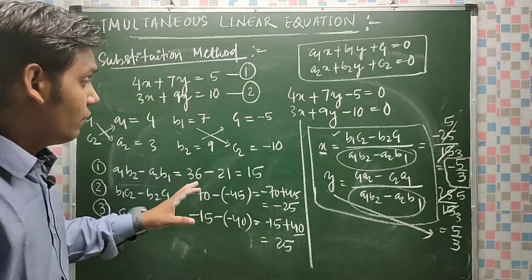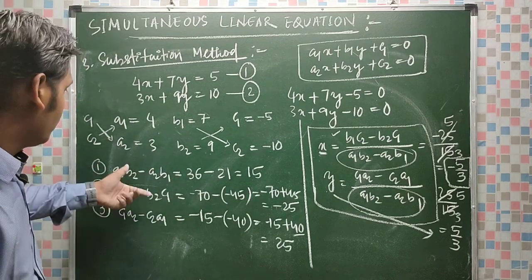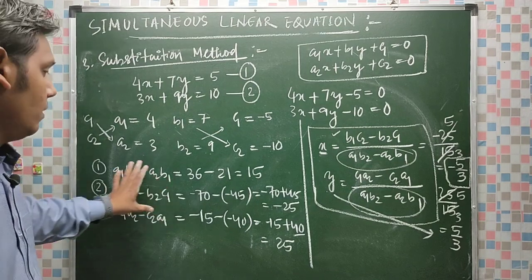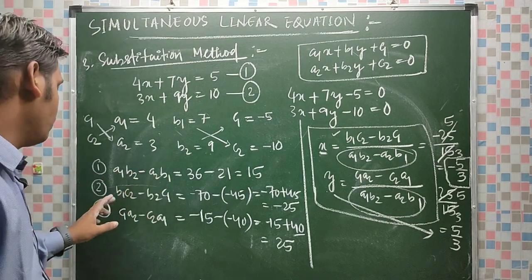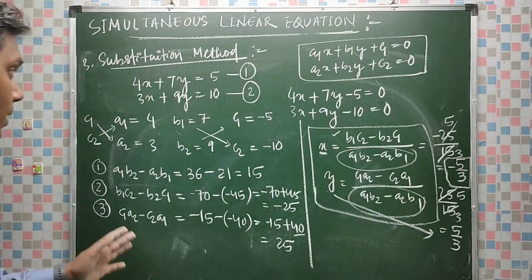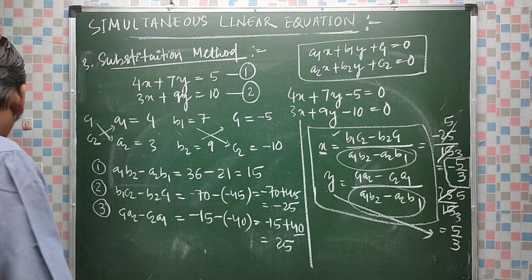By putting these values, you will get the value of x and y. You can take the screenshot also. Thereafter I will discuss one more example so that it will be easier for you to understand.